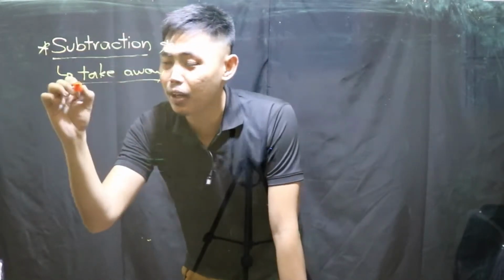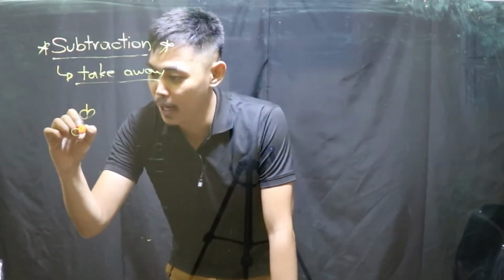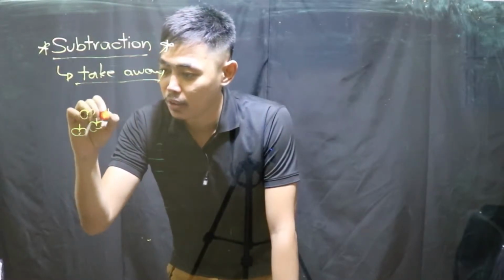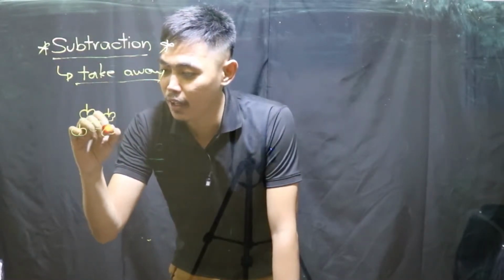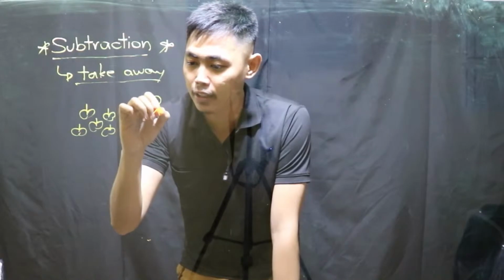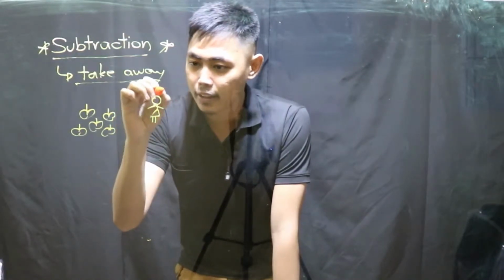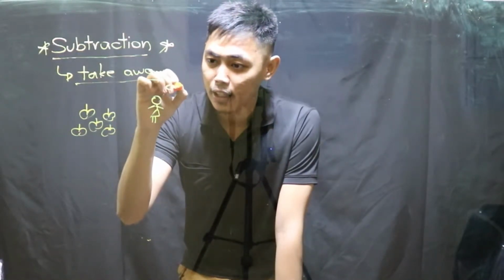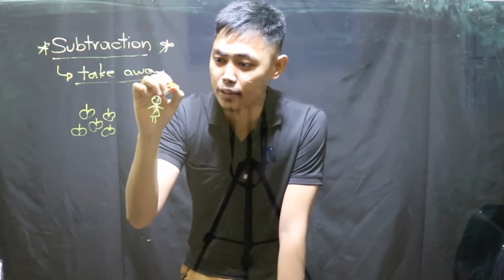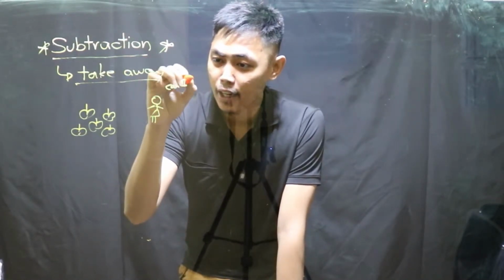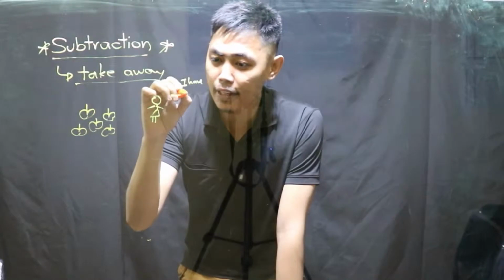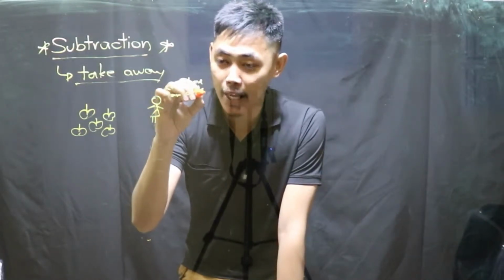We will take, for example, if you have 5 apples, and then your friend went in and asked for another apple. Your friend says, "Can I have an apple pen?"